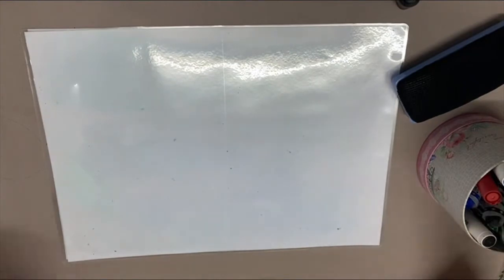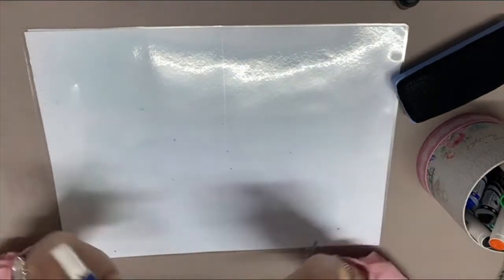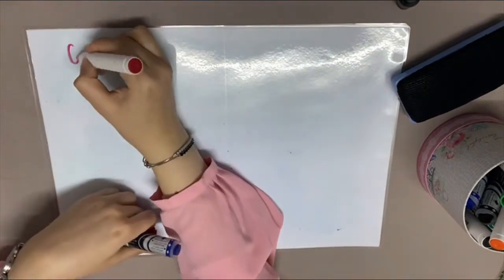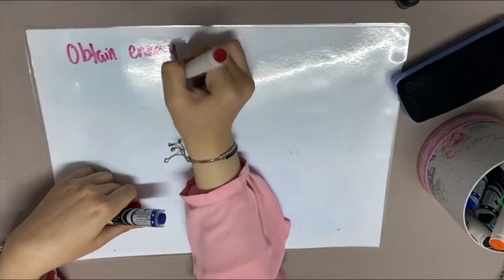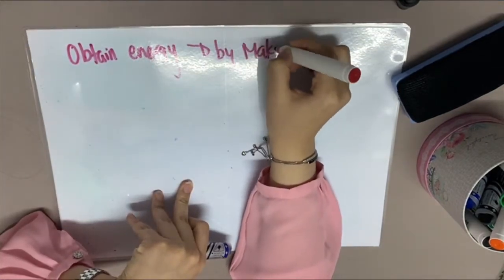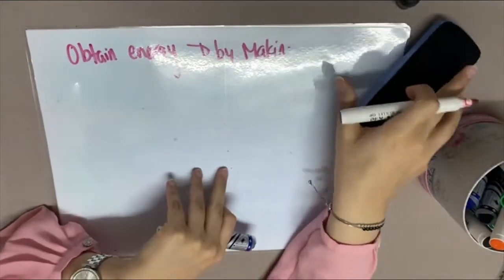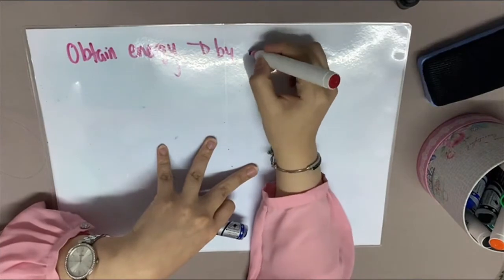So we agreed that living organisms obtain energy by making food. How? By making food. Or let's say no, not all organisms make food. By getting food, let's say.